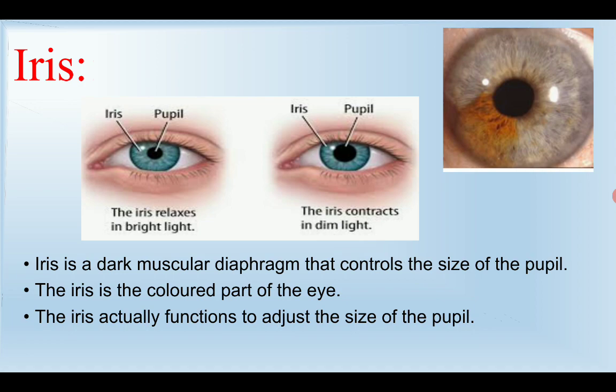It has muscles that contract or expand depending on the amount of light the pupil needs to process an image. Iris is the structure that gives our eyes their color, like gray, blue, so many colors.